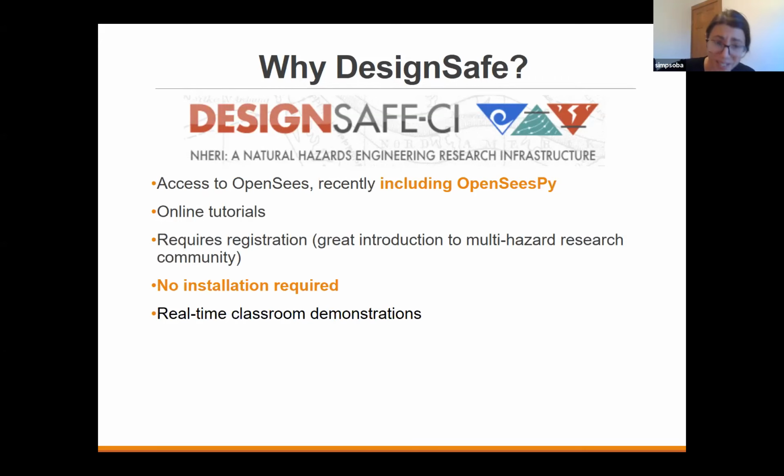And finally, because it's accessible everywhere, we can use it for real-time classroom demonstrations. So I can log into DesignSafe, put my code up, and just program right in front of the students without being on a computer that necessarily has Python or Anaconda or anything else like that installed. So it makes it very accessible to teach in the classroom, as well as have your students use Jupyter Notebooks and Python.